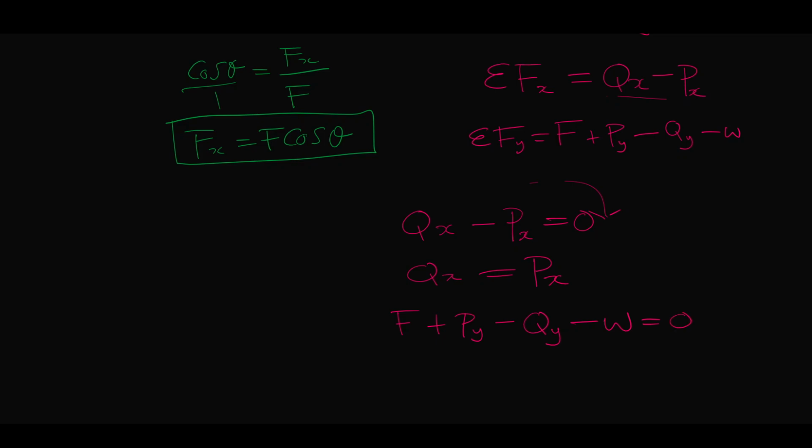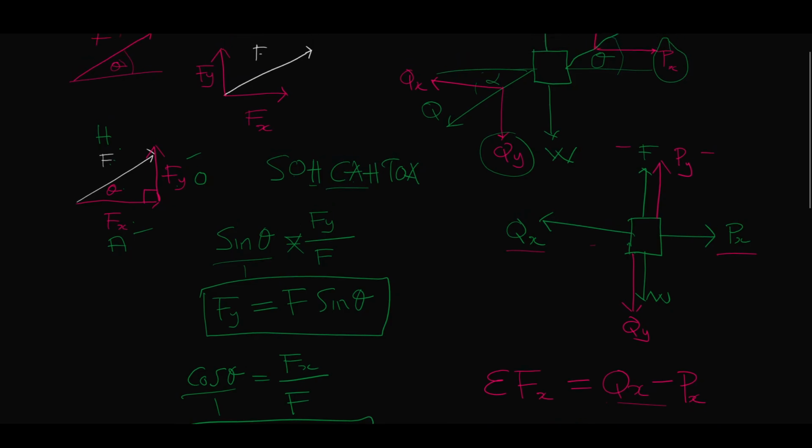And we can take these other ones to the other side of the equal sign. We are going to have F plus Py is equal to Qy plus W.